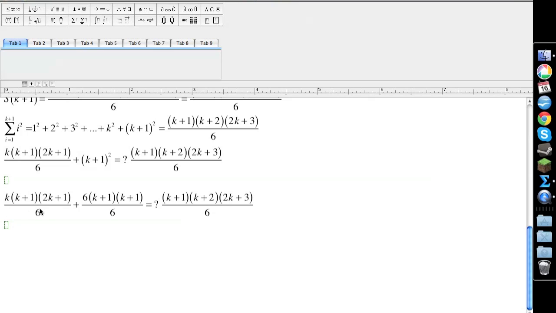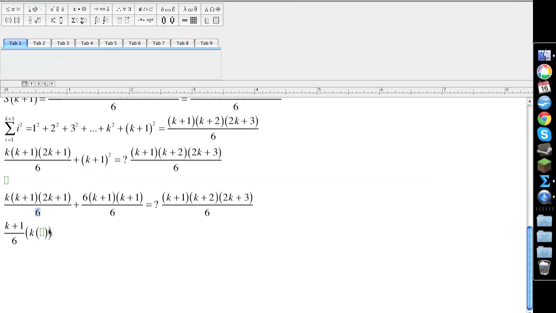And now I see that this term right here has 6 in the denominator, and this has 6 in the denominator, and this has k plus 1 in the denominator, and this has k plus 1 in the denominator. So I can factorize those. So then I take k plus 1 divided by 6 and multiply that with. So then what I have left is k times this goes away and this goes away.